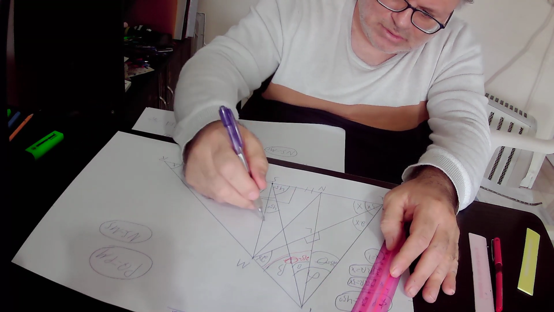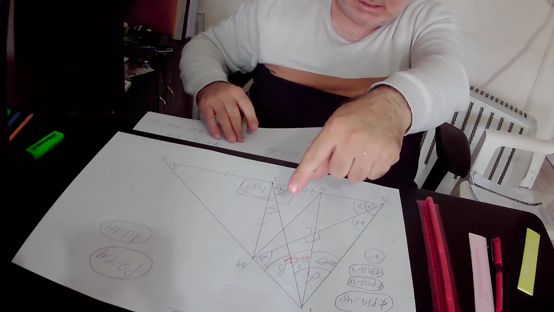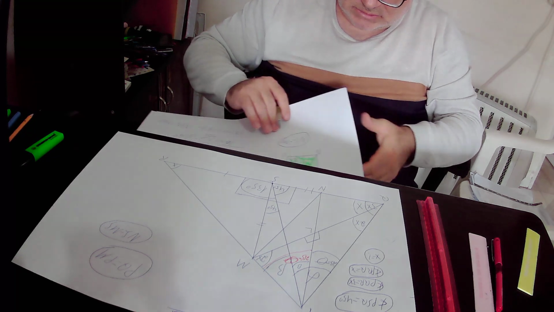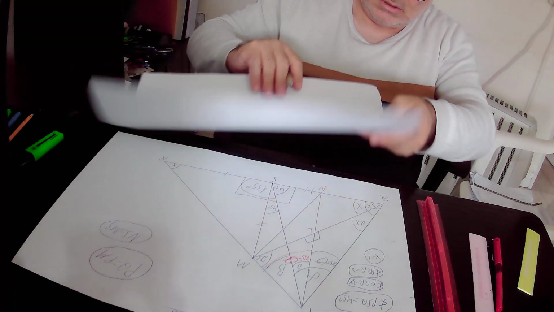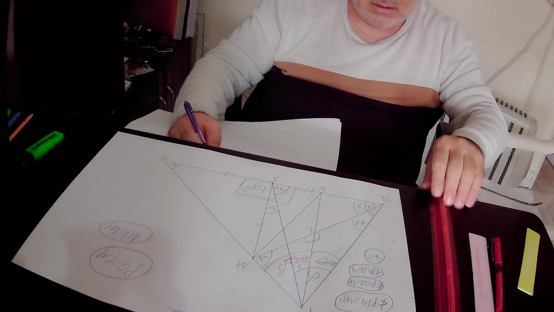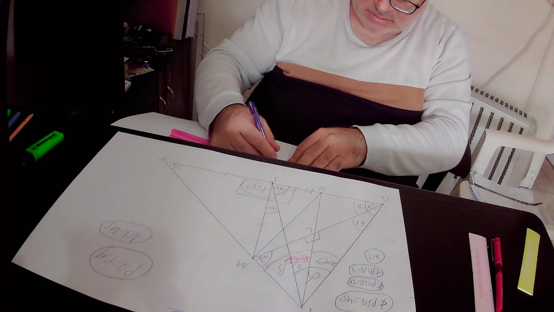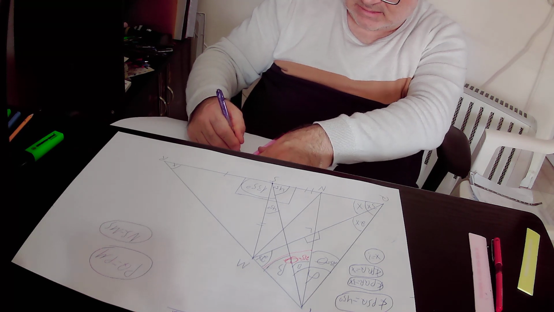NS equals MS. So I will draw the right triangle NSM in the new page. This is a right triangle.